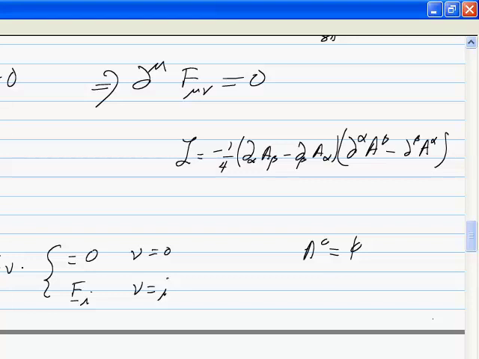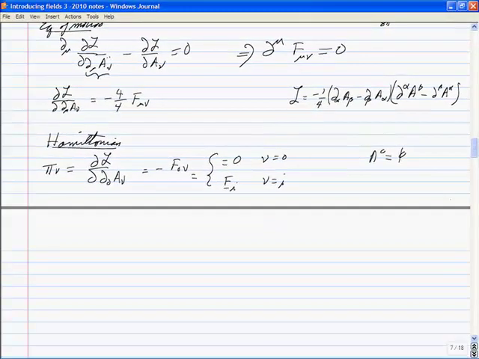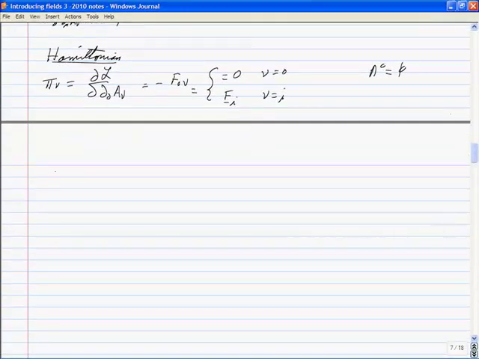So this is the first wrinkle. But let's just follow our noses for a moment. If we follow our noses and take the Hamiltonian as pi nu d0 A nu minus the Lagrangian.